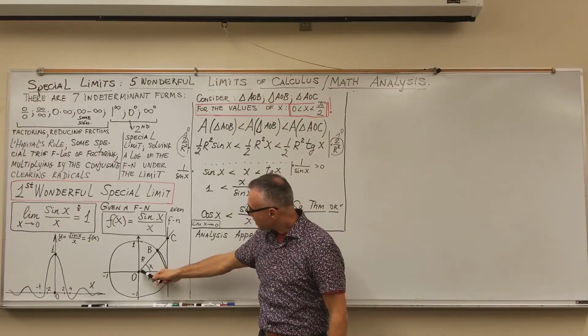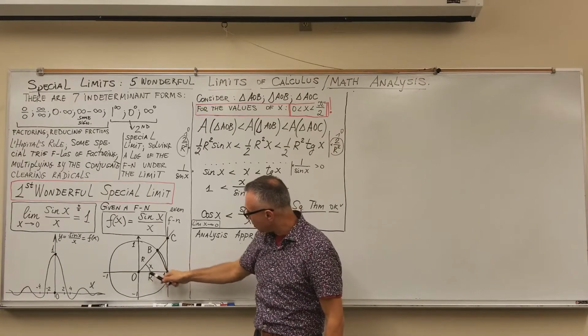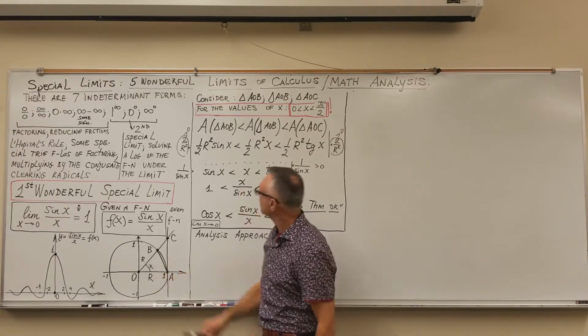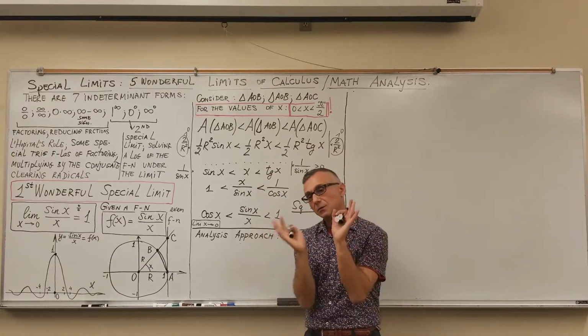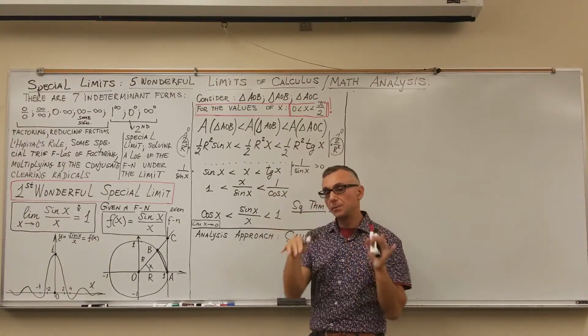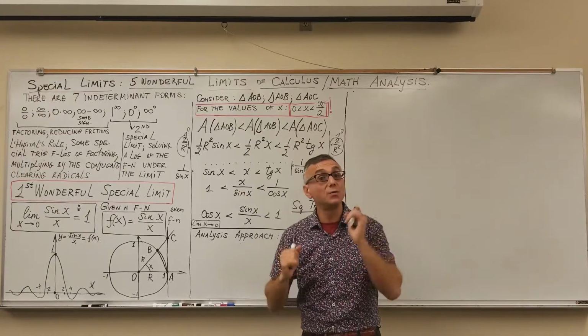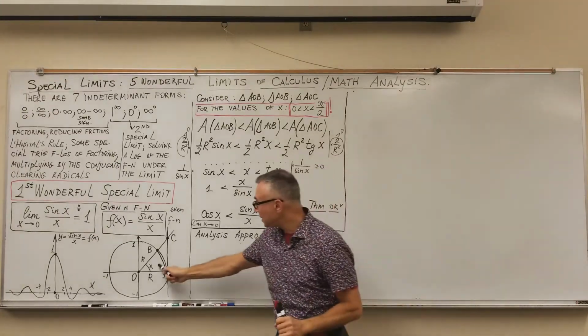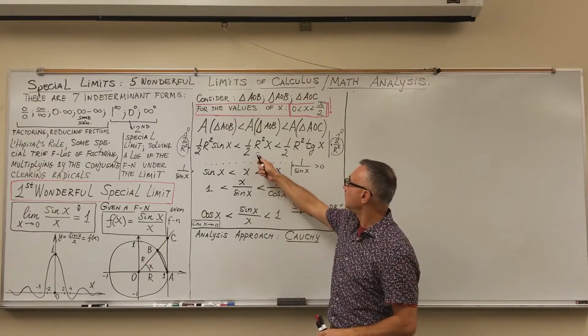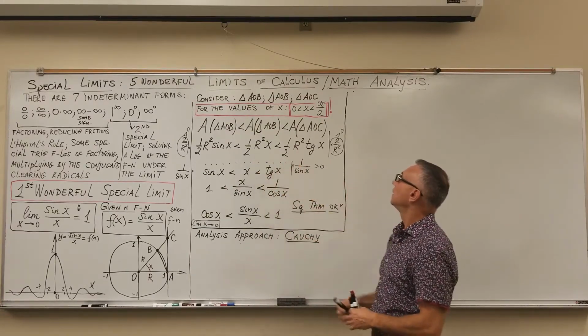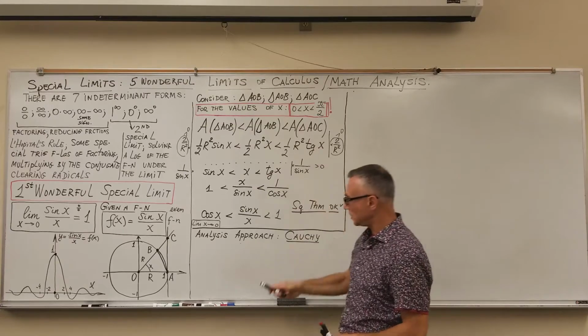It's the area of the AOB triangle. The area of the sector is half the product of the radii multiplied by the angle between them in radians. x is in radians. So 1/2 r squared x, and that is less than 1/2 r squared tangent x.